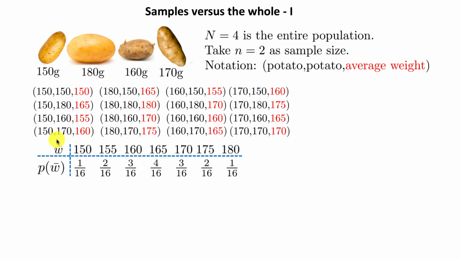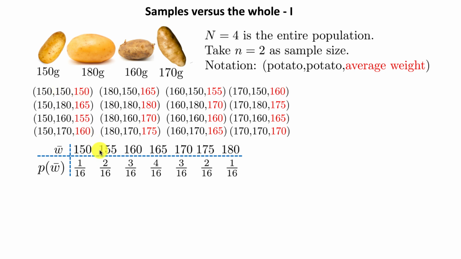Here's a table that summarizes what we've learnt. This is the average weight for a sample size of 2. The probability that I will get 150 as the average weight will be 1/16. Why? Because there's only one way in which I can get 150, that is, if the first and the second are both 150.